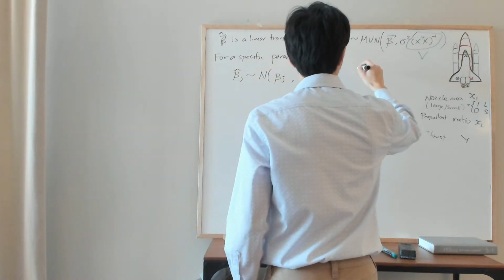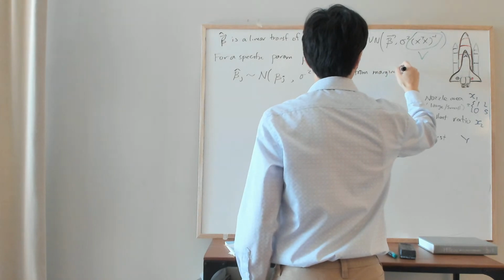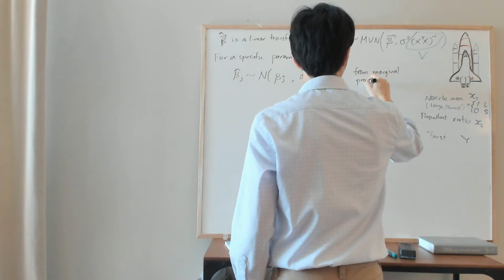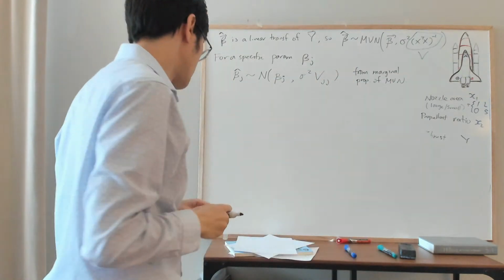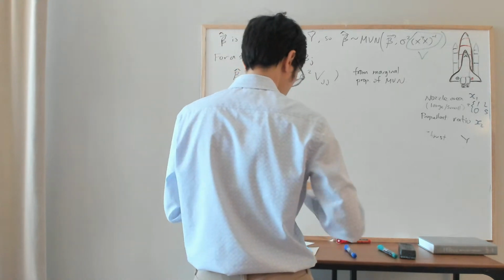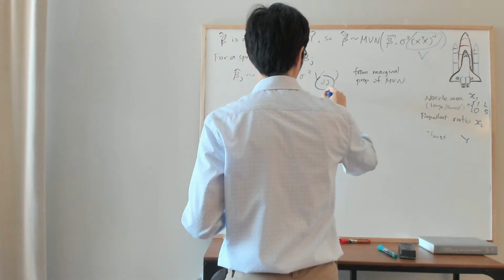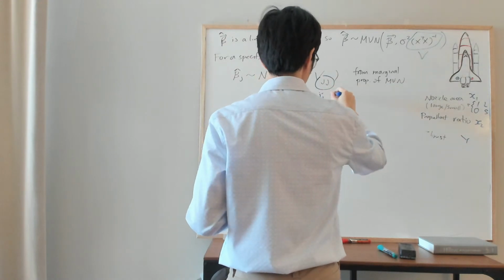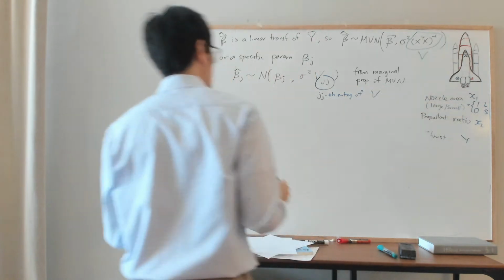So this is from the marginal property of the multivariate normal. This is the jth diagonal entry of B.